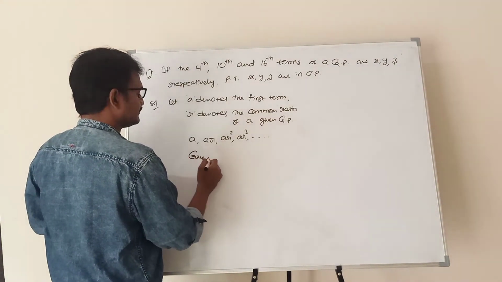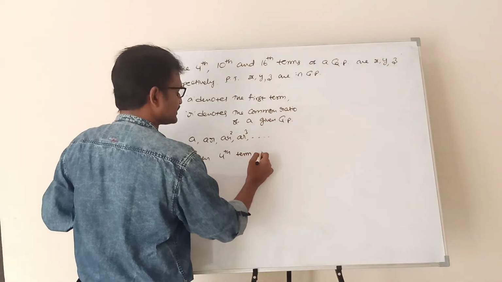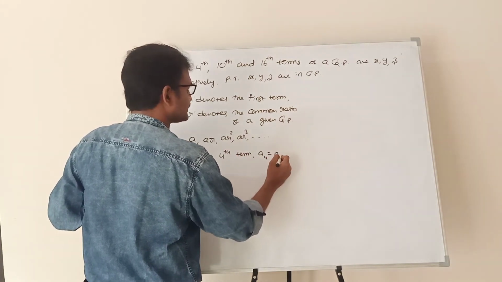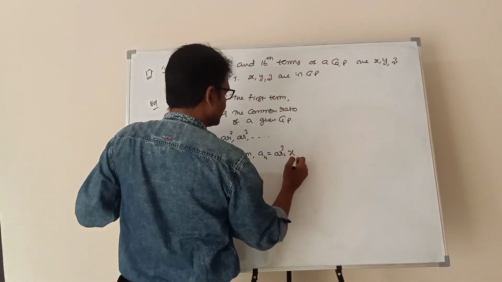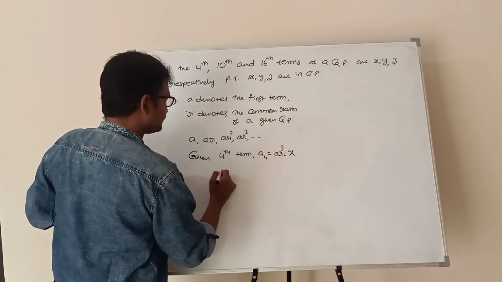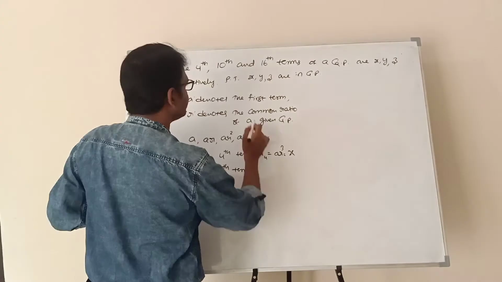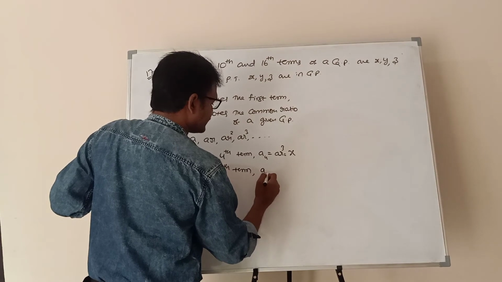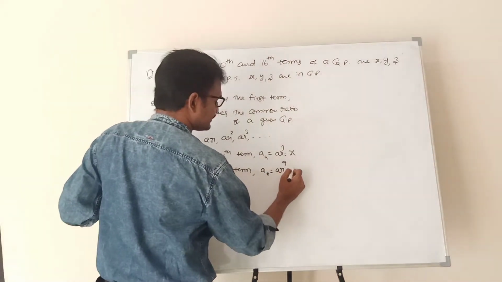Here the 4th term is x, the 10th term is y and the 16th term is z. Given the fourth term, A4 means A into R cube, so A into R cube is equal to x. Next, the 10th term, A10 is equal to A into R power 9, so A into R power 9 is equal to y.